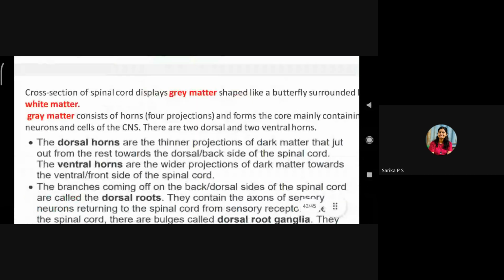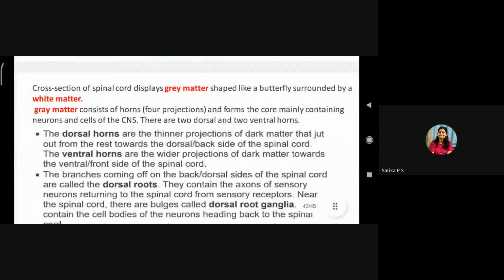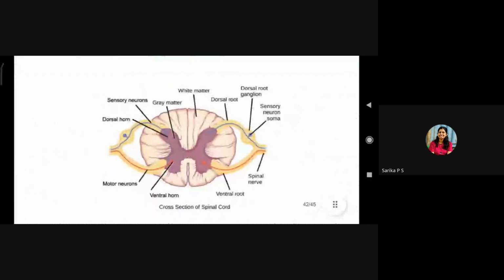So yesterday we saw this picture and we already discussed that gray matter is in the spinal cord. This is the cross-section view of the spinal cord, and you can see the gray matter inside is H-shaped or butterfly-shaped, and the horns of gray matter are attached to nerve roots.